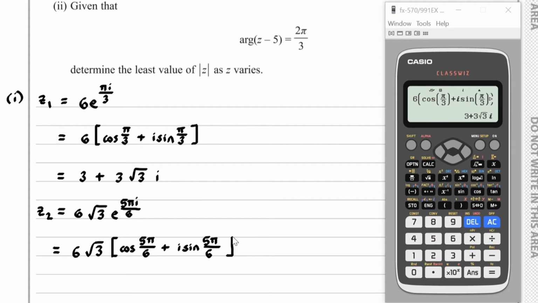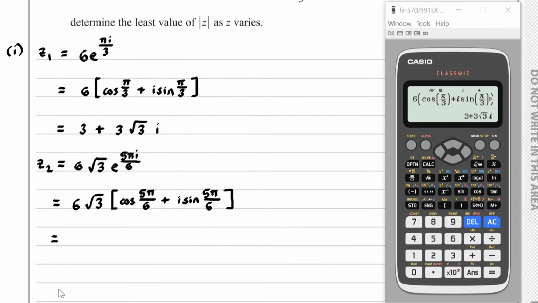So we can work this out, entering this result into the calculator. So if we do that, we've got 6 times the square root of 3 times the cosine of 5 pi over 6 plus i sine of 5 pi over 6. And if we work this out, it turns out we get minus 9 plus 3 times the square root of 3 i.